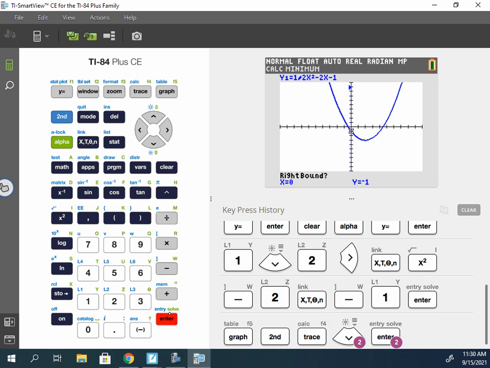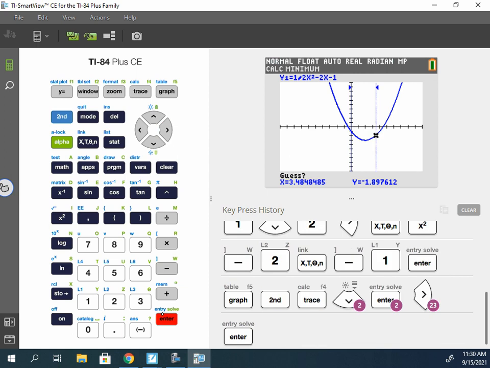The next thing it asks is right bound, yes? Well, now we need this to the right. So we'll hit the right arrow to move it over. It doesn't matter how far to the right it is, but we just need it to the right of wherever that lowest point is. And once we get it to the right of that lowest point, we can go on and hit enter.